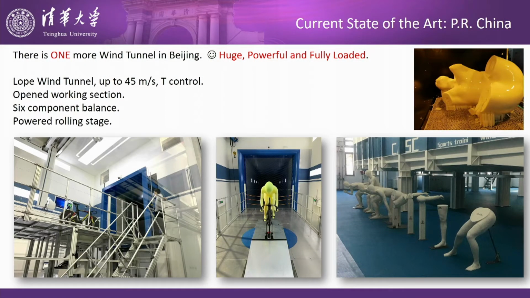We have done a lot of work on it, and it has 6-component balances and a powered rolling stage. Some rolling stages are not powered and are driven by athletes or others, but this one is powered, so this part is totally different. To solve the supporting structure problem, we 3D printed a lot of mannequins. They are very expensive.